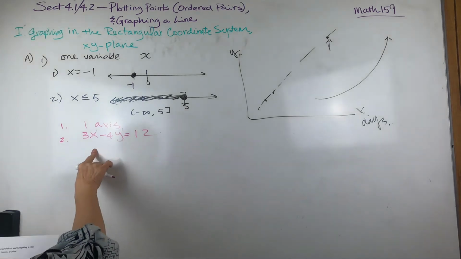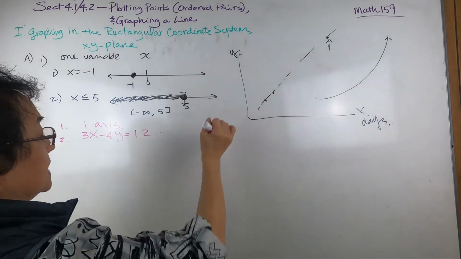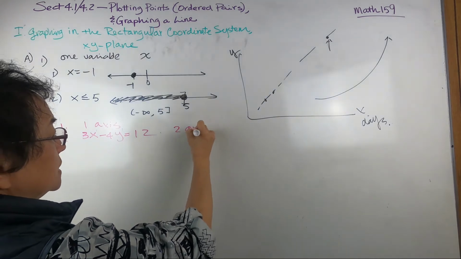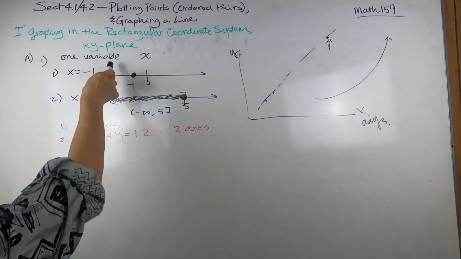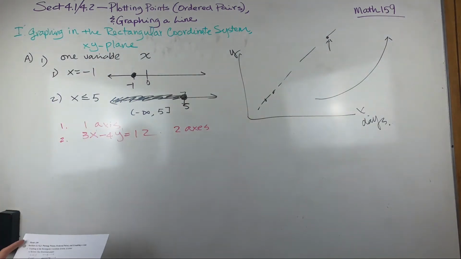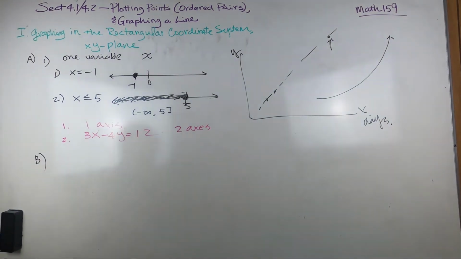So for this linear equation, how many axes do you think you need? 2 variables, that would be like this. You need 2 axes. Okay, so we are going to graph those. We did earlier just 1 axis type of things. So we need to give you some concepts about this.